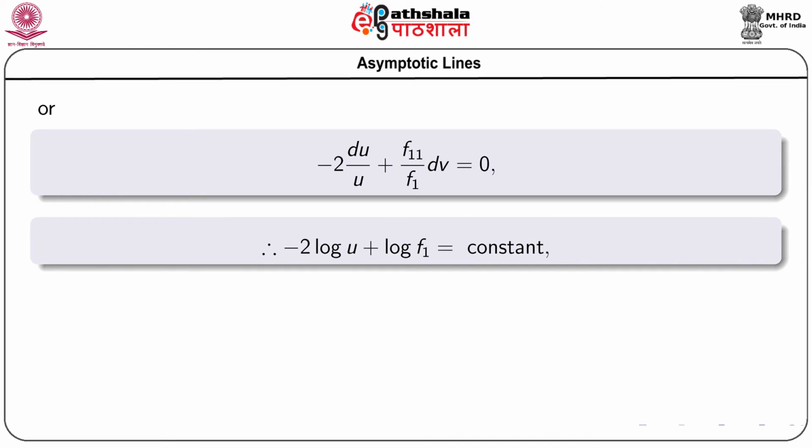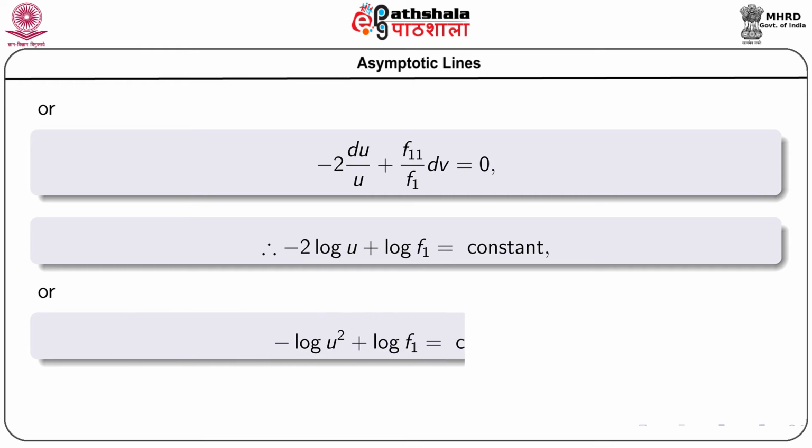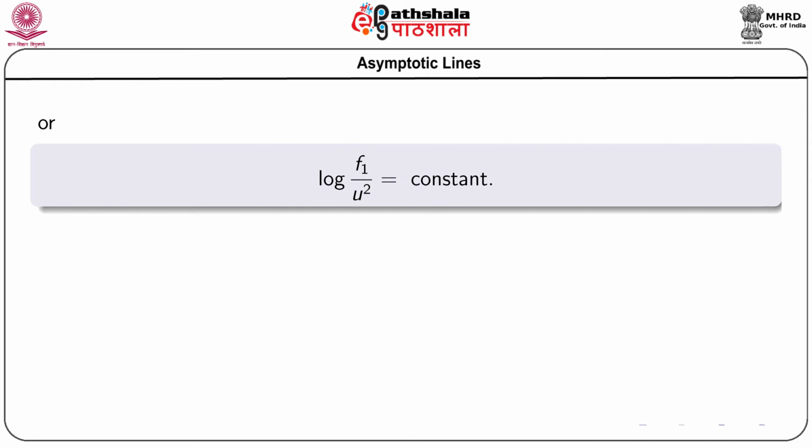Now, integrating, we get minus 2 log u plus log f1 equals constant, or we can write minus log u square plus log f1 equals constant, or in this form, log of f1 by u square equals constant.